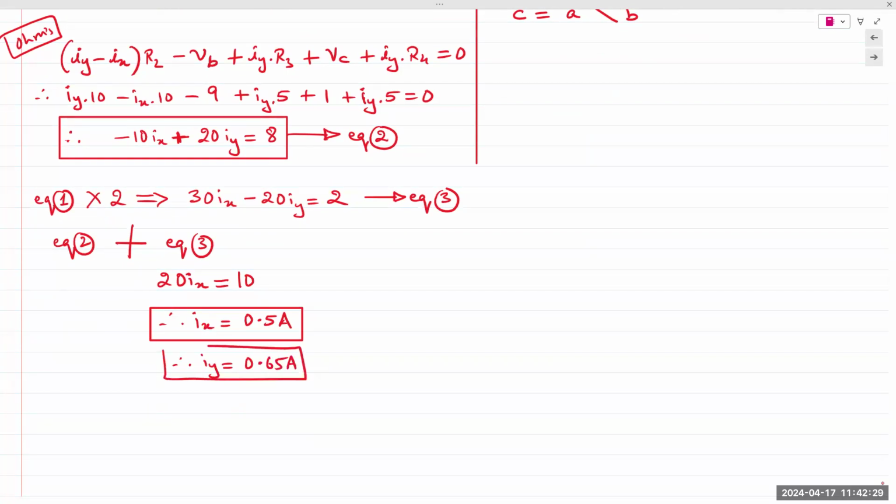And of course, once you have the value for IX, you can plug it into any one of those 3 equations and obtain a value for IY. So if the equation is simple enough, you can solve it manually, which is the method I prefer typically. Otherwise, you can plug it into your calculator, online, software, any tool you want. Okay, questions?